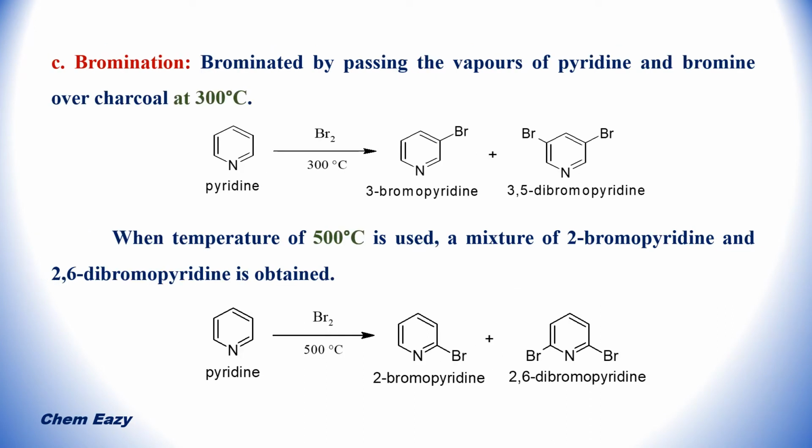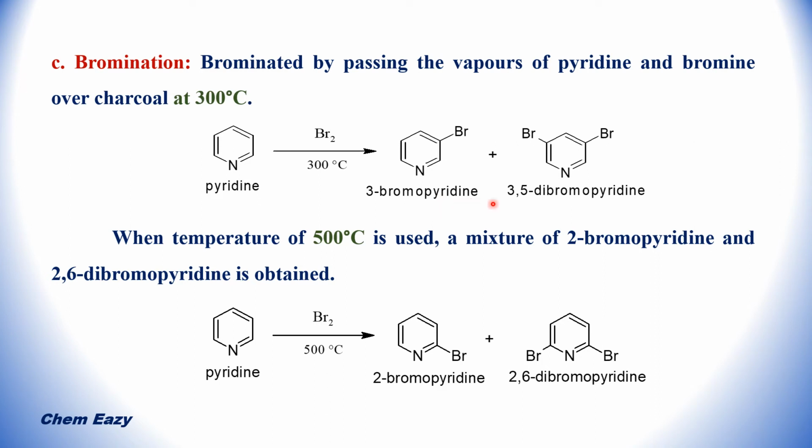By passing the vapors of pyridine and bromine over charcoal at 300 degrees Celsius, pyridine undergoes bromination. As shown in this reaction, pyridine on bromination at 300 degrees Celsius is brominated at position 3 and gives 3-bromopyridine.